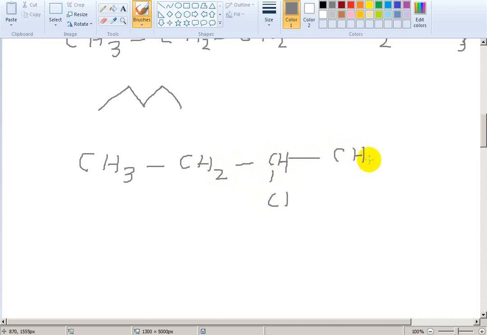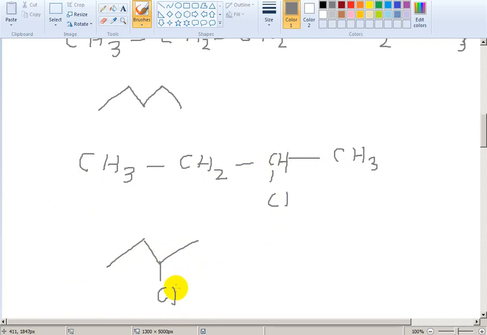The functional group will be shown as a symbol, the functional group will be shown singly. At first this carbon, how many carbons? 1 2 3 4. So 4 carbons, this is 1 carbon, 2 carbon, 3 carbon, 4 carbon. At this position 2 there is a chlorine. I have to show the functional group.